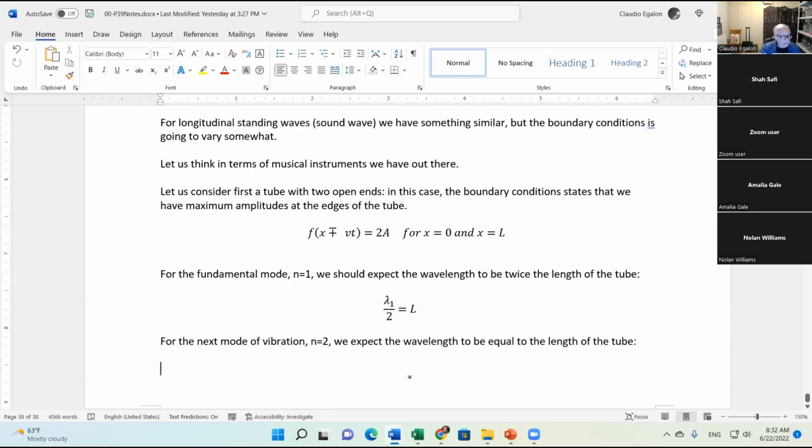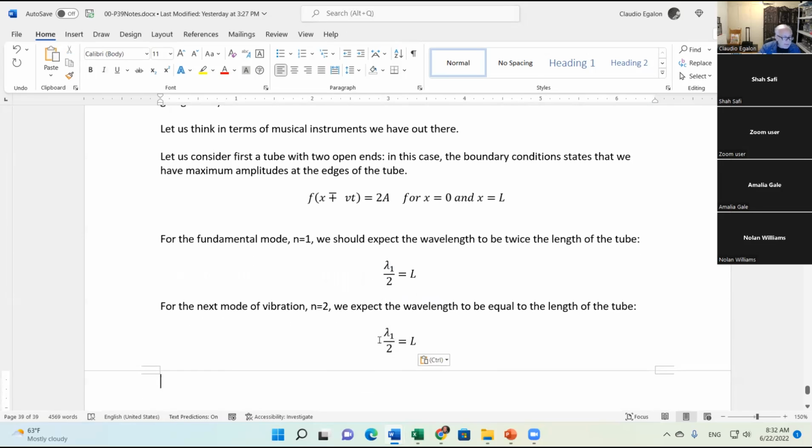So it's going to be something like that. We can even say 2 lambda 2 over 2 is going to be equal to L. Make sense? Right? So let's take a look again at the drawings.